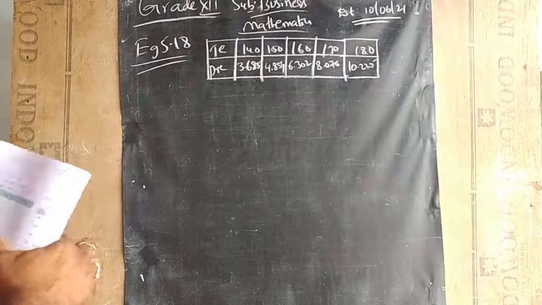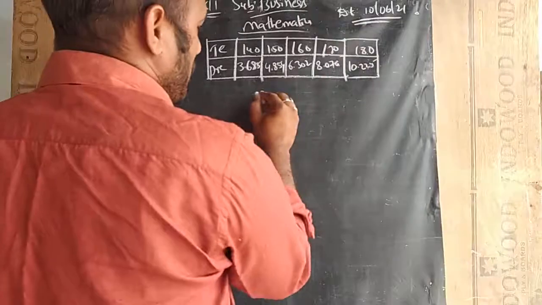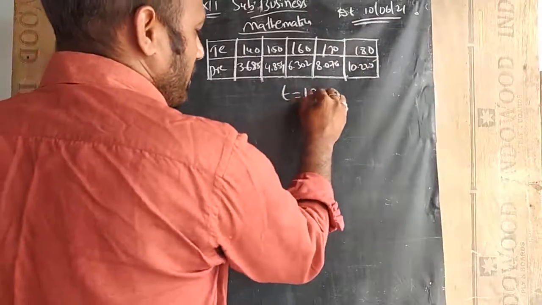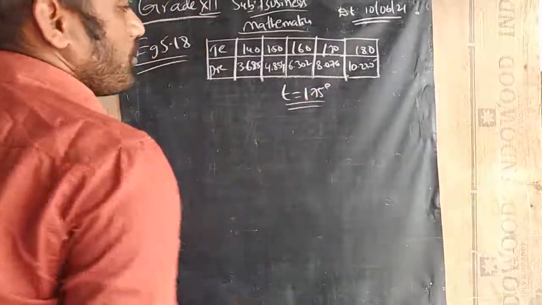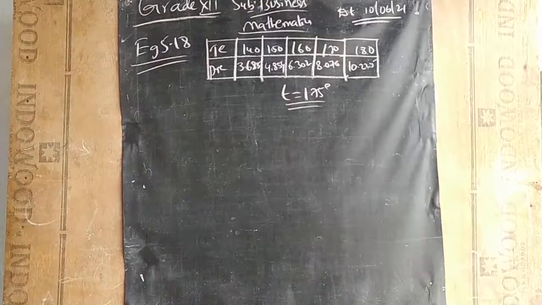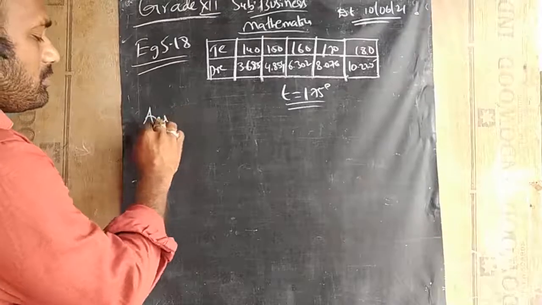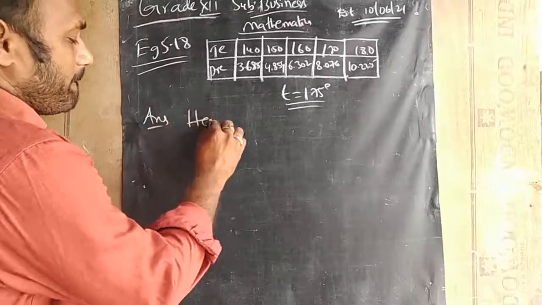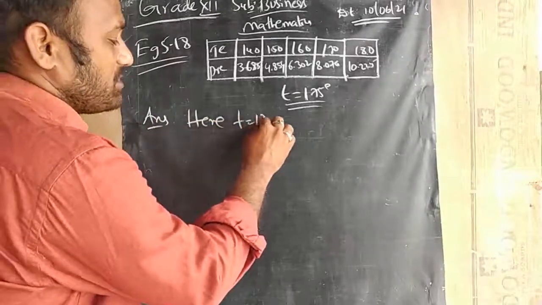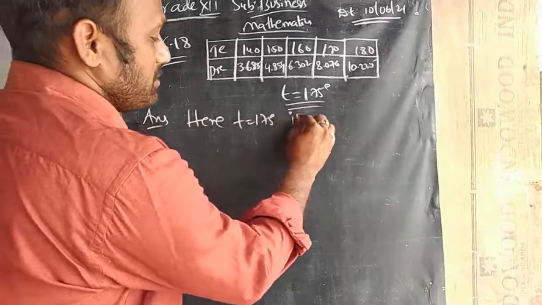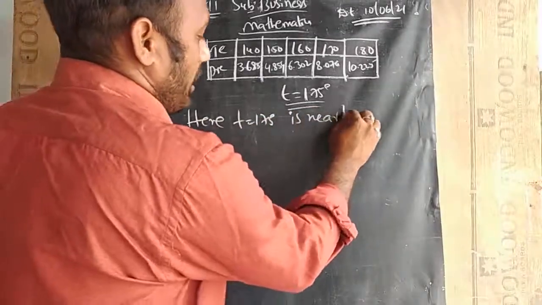We need to find out the pressure, what will be the pressure if the temperature is 175 degrees. So we can see here, the temperature 175 is near to the end of the table.